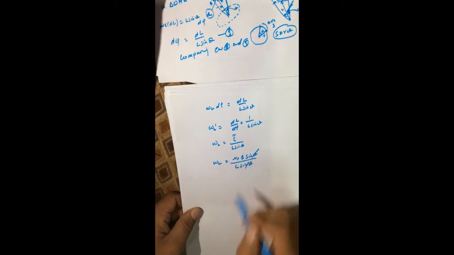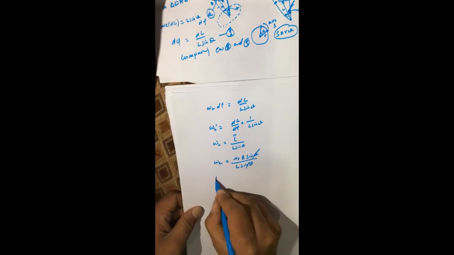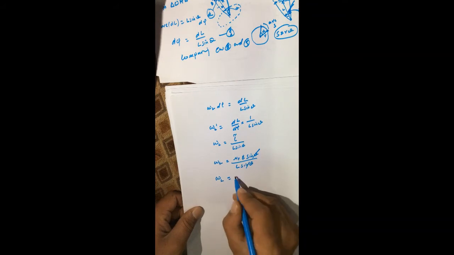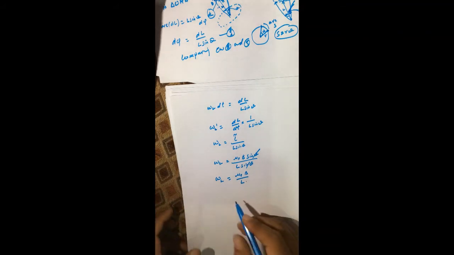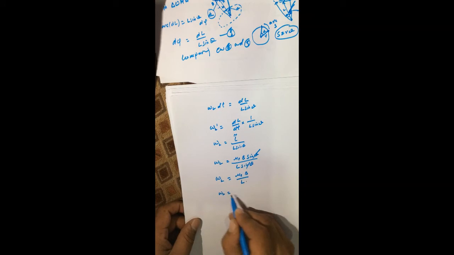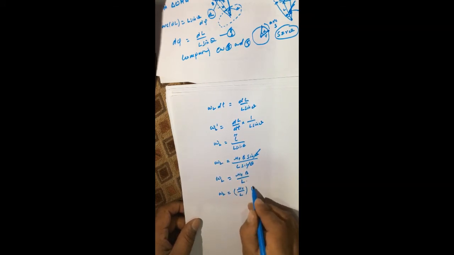Now sin theta cancels with sin theta. So we have this angular velocity omega L, which is equal to mu L B over L. Or we can say that omega L is equal to mu L over L times B.